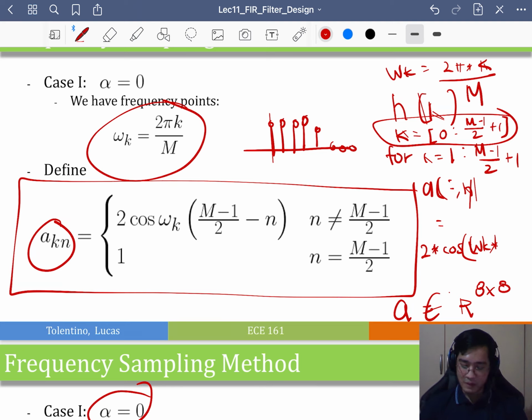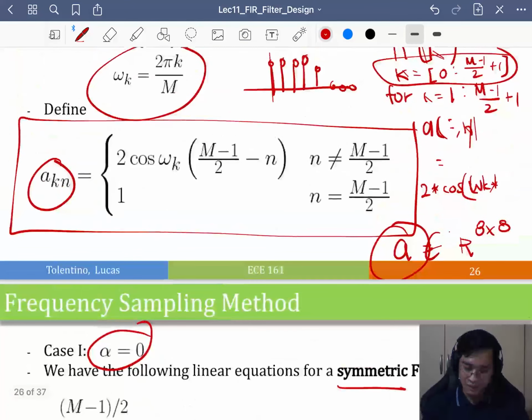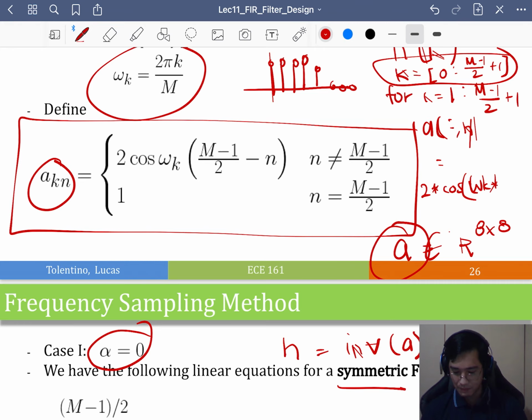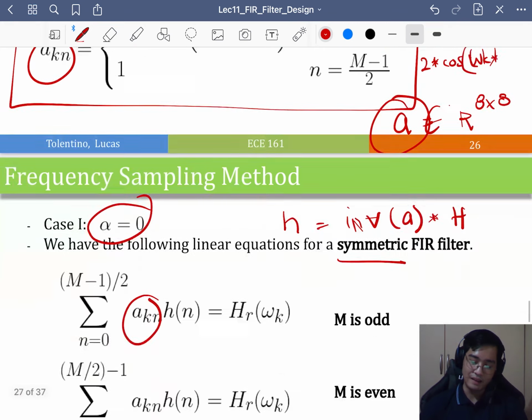Okay, and when we get this, we get the inverse of A. So when we define A k n, maybe I'll just send you the code, or just write the code elsewhere. When we want to get h, we get the inverse of A multiplied by H, the H that we've defined.